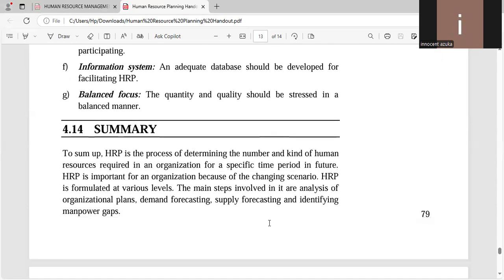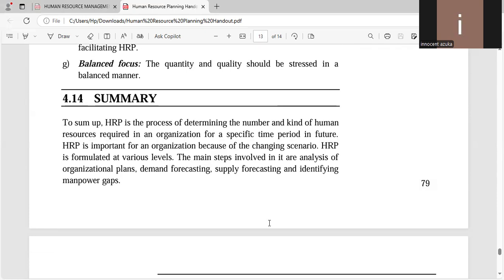So in summary, as we conclude, human resource planning is the process of determining the number and kind of human resource required in an organization for a specific period in the future. It is important for an organization because of changing scenarios.